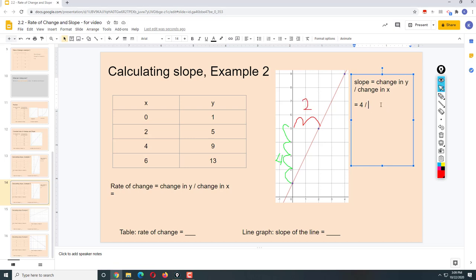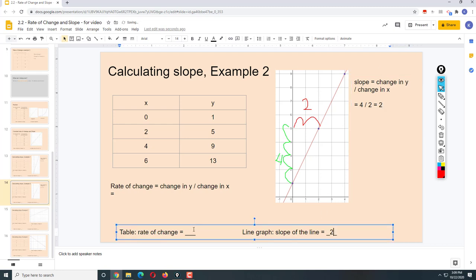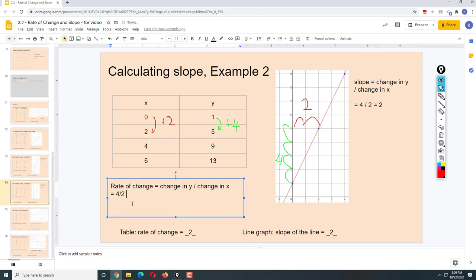So it's 4 over 2. 4 over 2 is 4 divided by 2, which is 2. If the slope is 2, the table also has to have the rate of change of 2. And that makes sense because going from 1 to 5, that's 4. Going from 0 to 2, that's a change of 2. So the slope has to be 4 over 2, which is 2.